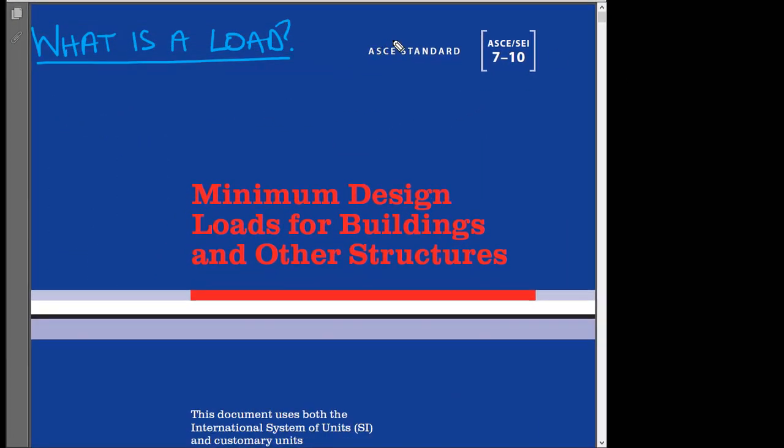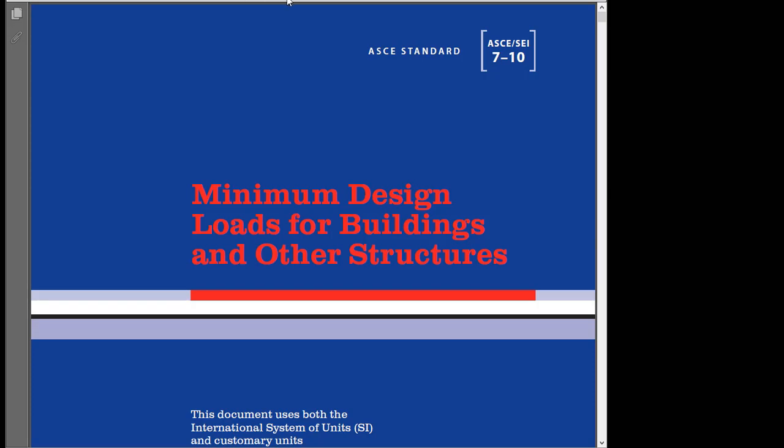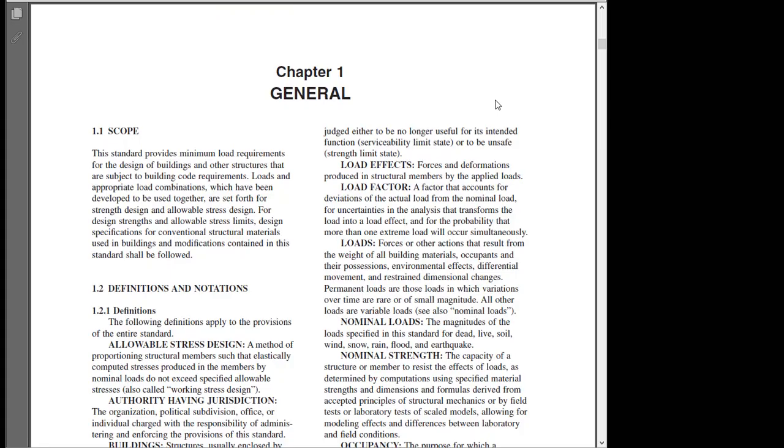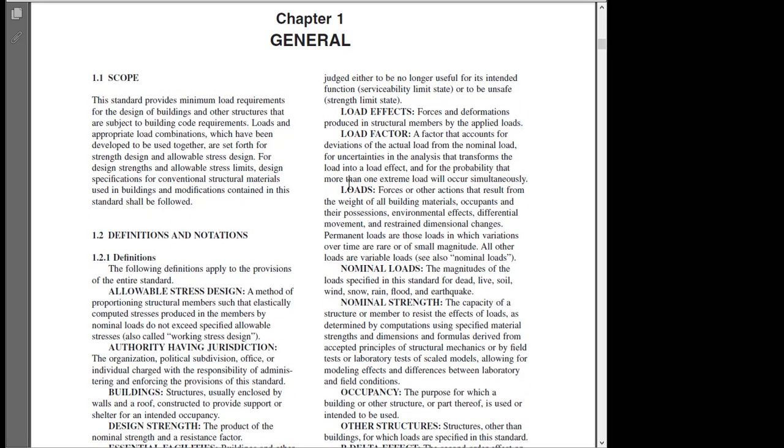This document is written by the American Society of Civil Engineers, and it's called the Minimum Design Loads for Buildings and Other Structures, and it's one of the reference standards in the IBC. And if we go to the definitions page of this document, we see that they do provide a definition for what a load is.